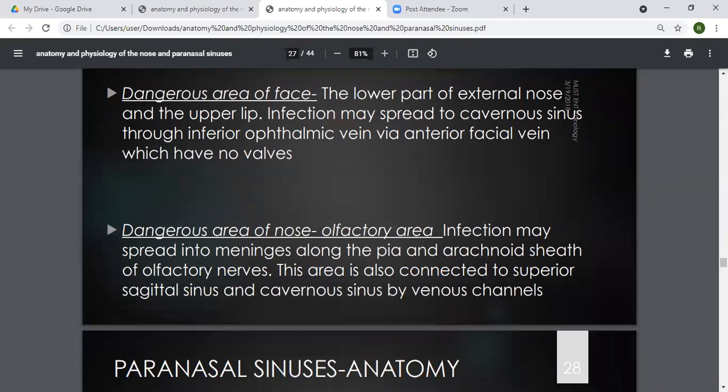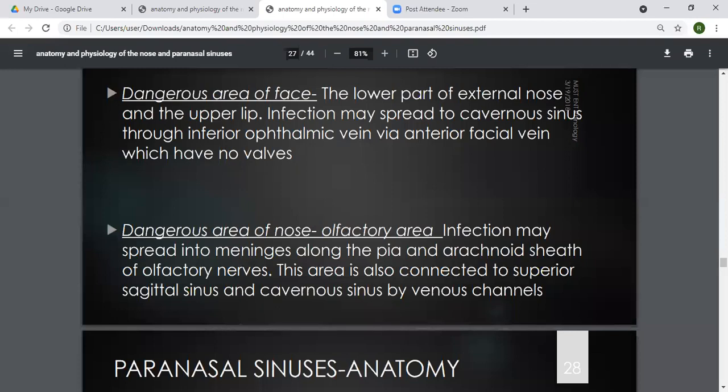The other dangerous area of the nose is the olfactory area. We saw there were openings into the bone where the olfactory nerve enters the cranial cavity. So you have infection that can spread from the nasal cavity into the meninges along the pia and arachnoid sheath of the olfactory nerve.